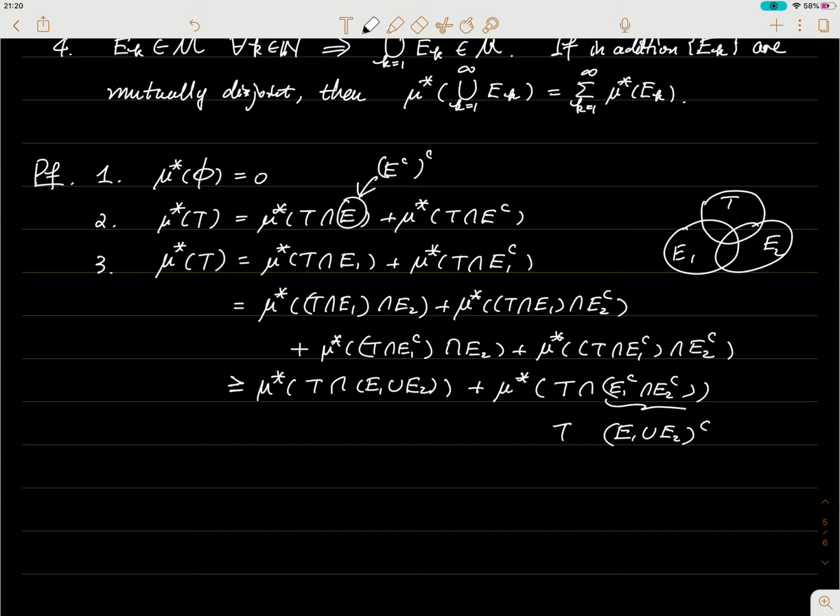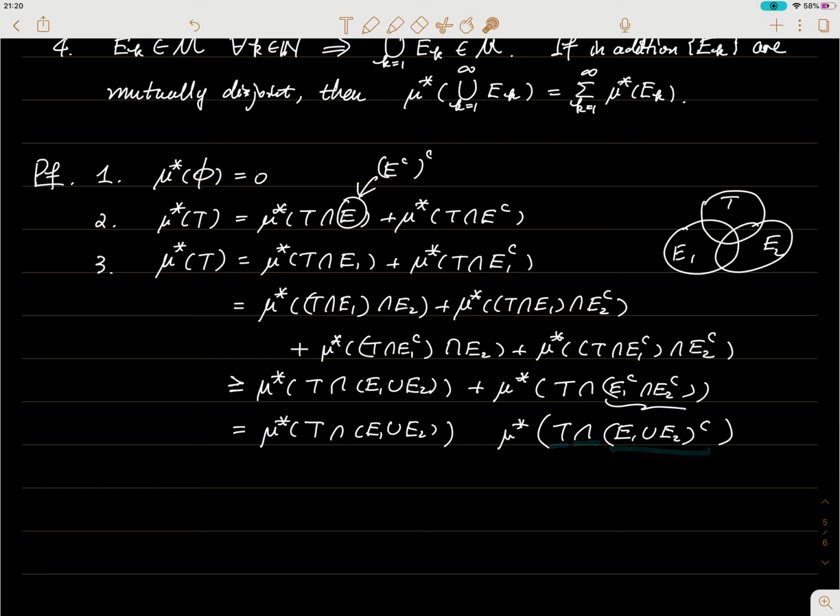So that's why this is just equal to the intersection of T and the complement of the union of E1 and E2. And the first term is nothing but, I just copy it here. So you can see this is the intersection of T and this set. This is the intersection of T and the complement of the set.